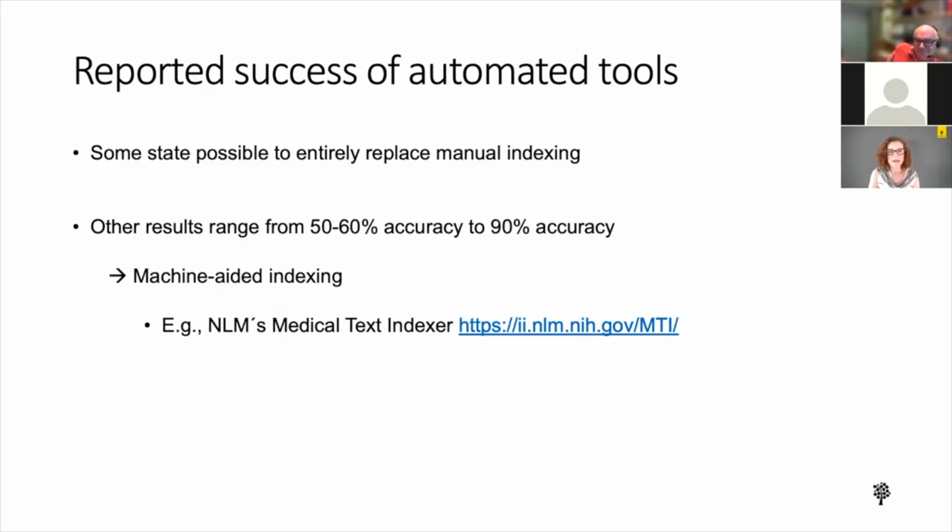But when it comes to large operational systems like library catalogs with a lot of classes, a lot of terms, these results range from 50 to 60% accuracy, which isn't that much because it's almost close to random, to a bit higher. So in conclusion, what we can do today is apply machine-aided indexing or semi-automated indexing, as is also well applied by the US National Library of Medicine, who use the Medical Text Indexer, which is a very well-researched machine-aided indexing tool.